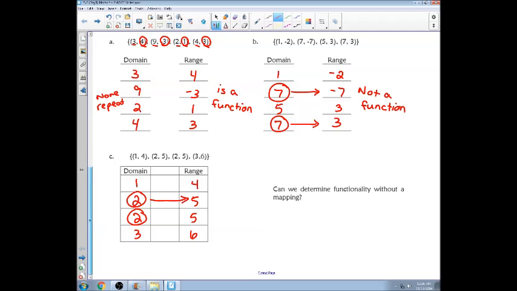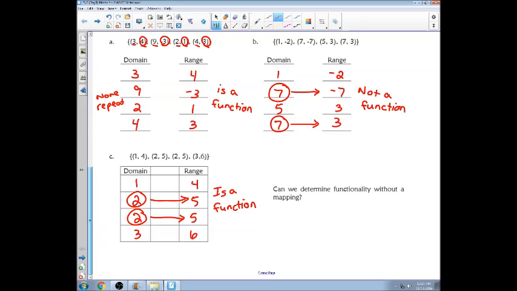However, they really are the same points because their ranges also repeated, which means that if I were to graph this, I have a point (2, 5), and I have another point (2, 5). It's exactly the same point, so that is not going to affect whether it is a function or not. So this is a function.